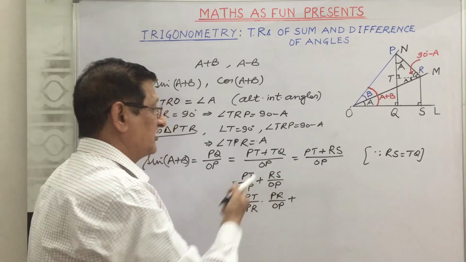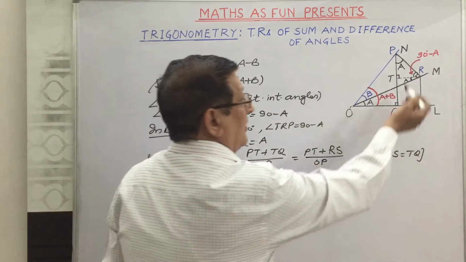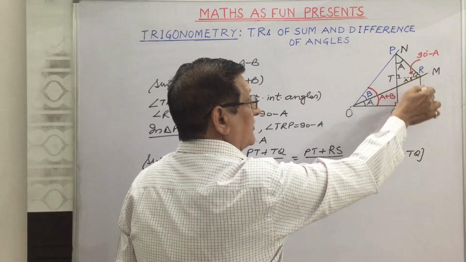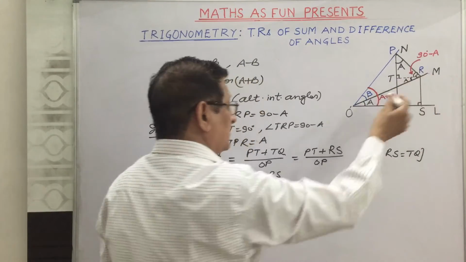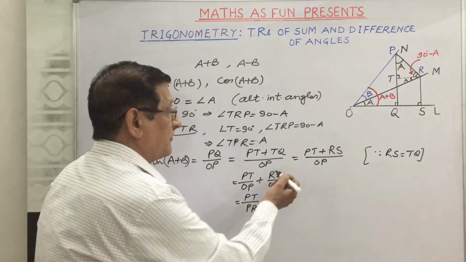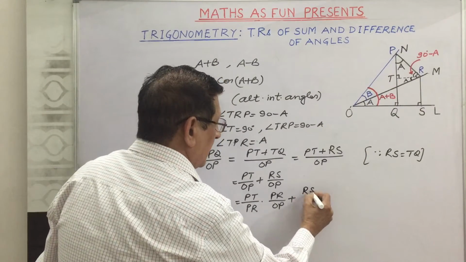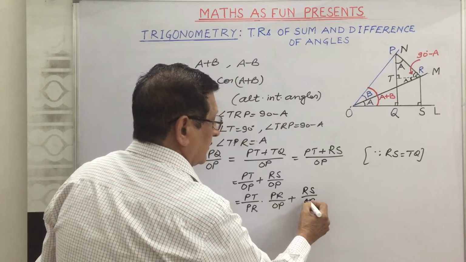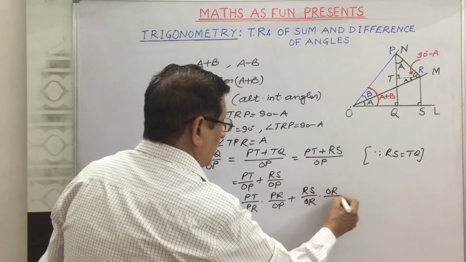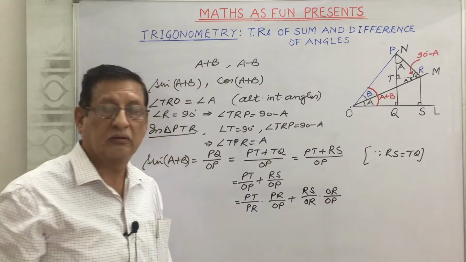Same way in this also we can see RS is the side of this particular triangle. We divide this by OR, so we can write this as RS upon OR, multiplied by OR upon OP.